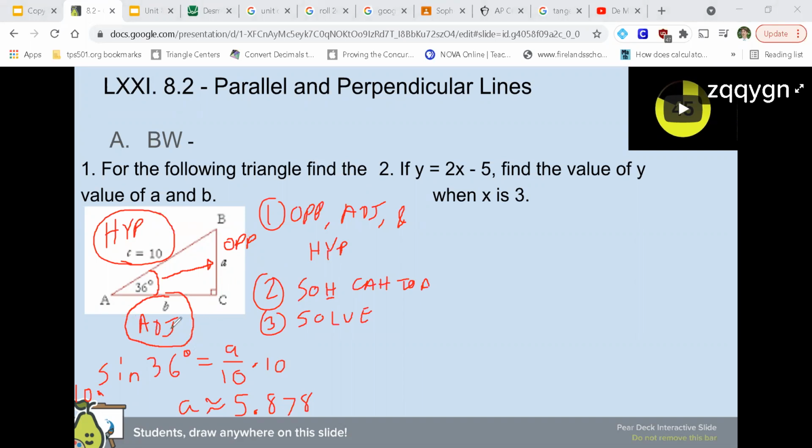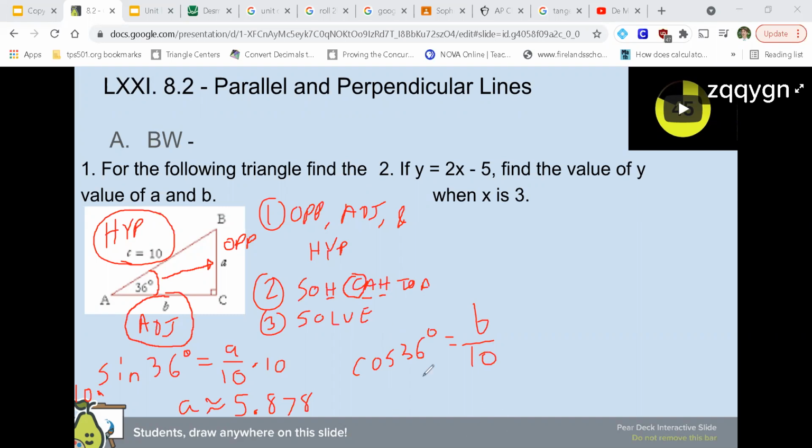Which trig function does adjacent and hypotenuse? Cosine, that's right. So then we do the cosine of 36 degrees equals adjacent over hypotenuse.